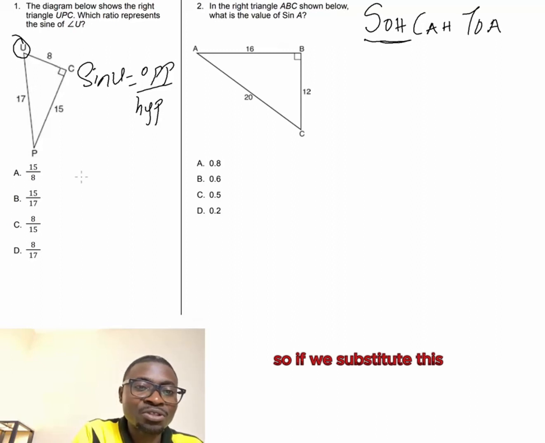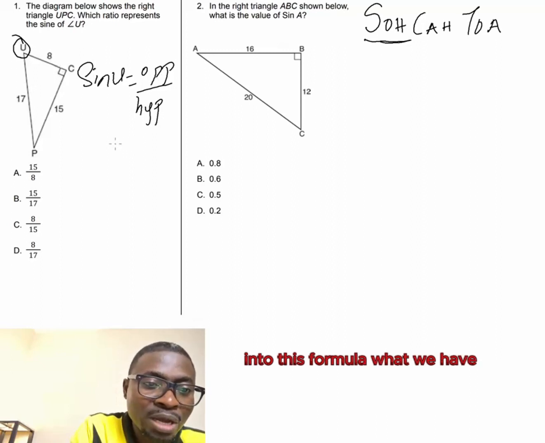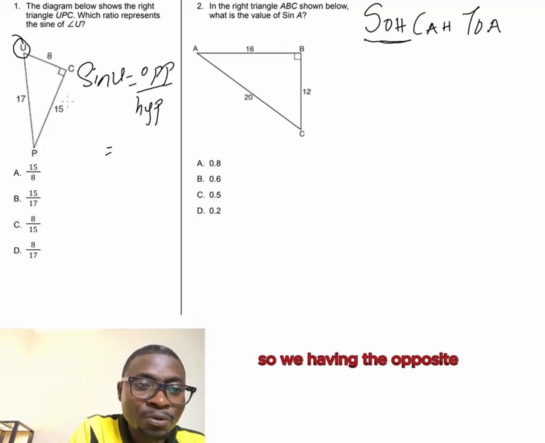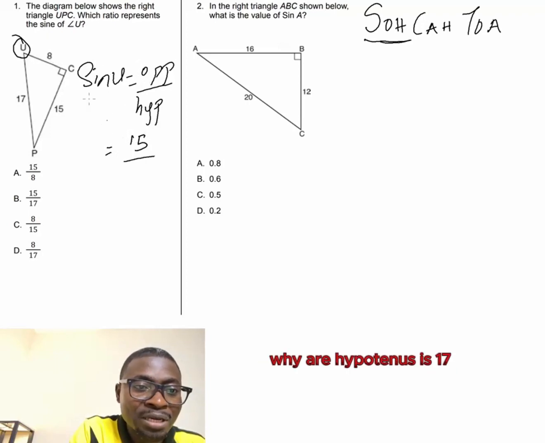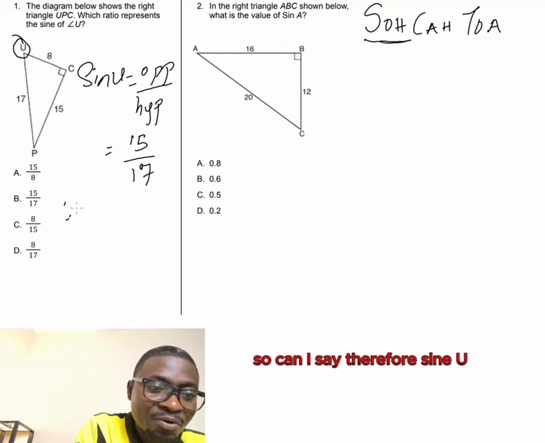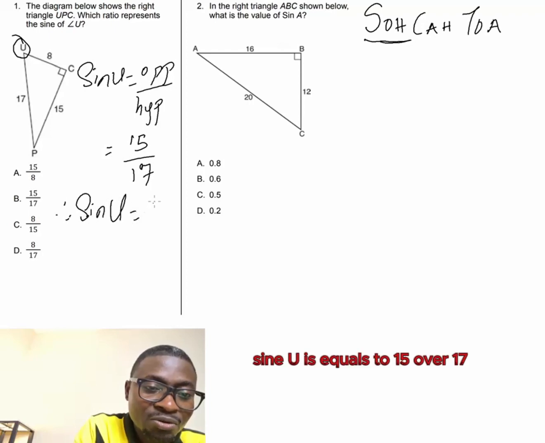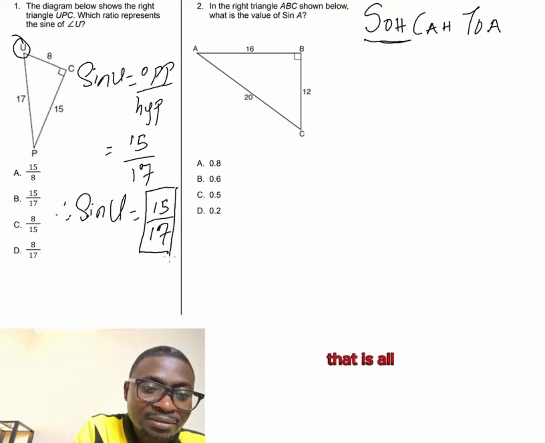So if we substitute, the opposite is 15 while the hypotenuse is 17. Therefore, sine U is equal to 15 over 17. That is all.